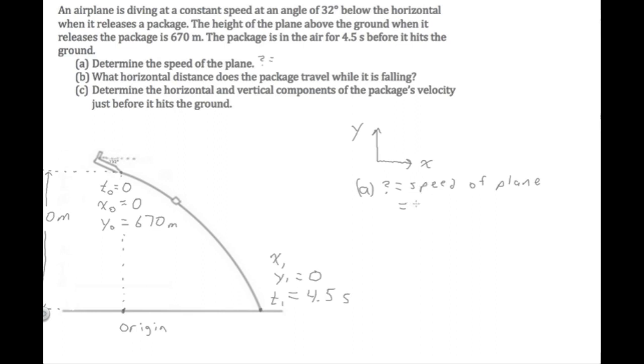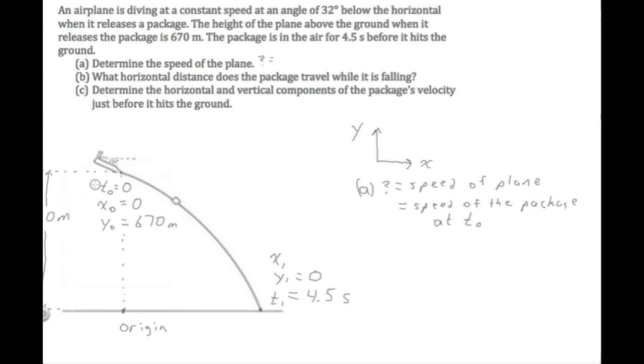Well, wouldn't this also be the speed of the package at time 0? While the package is being carried in the plane, it will have the same speed as the plane.